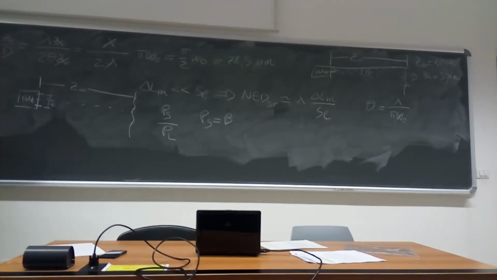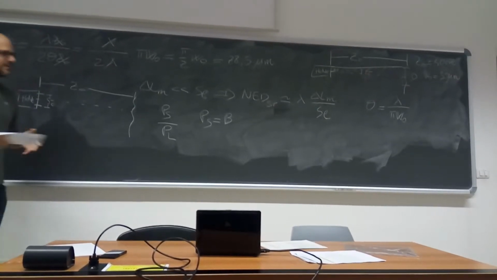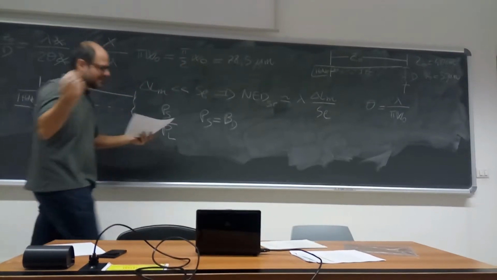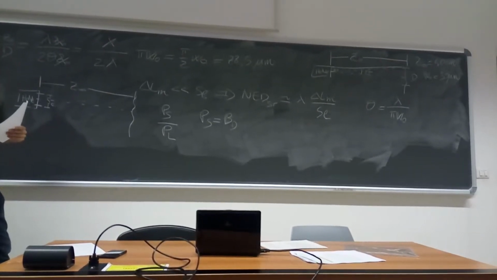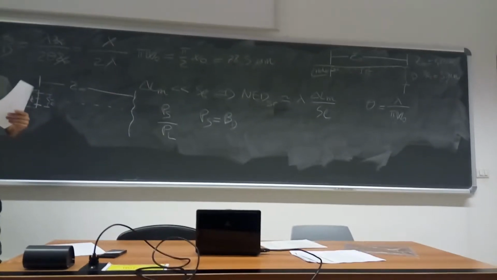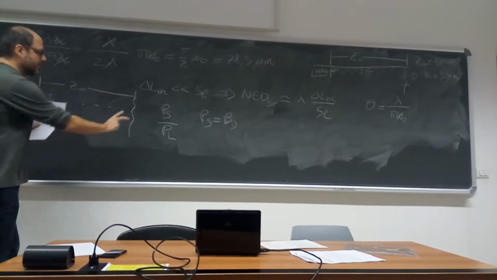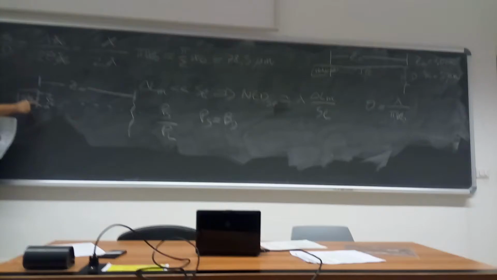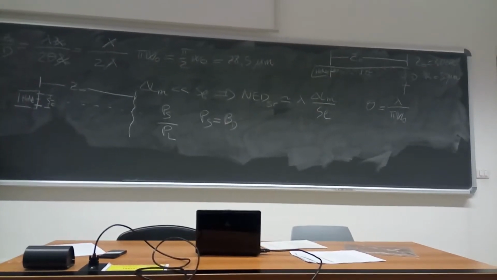I use brilliance because I'm used to saying brilliance, but brightness is the same thing. This is the brightness or brilliance of the diffuser. And then we have to multiply the brilliance of the source by what? By the acceptance of the speckle.